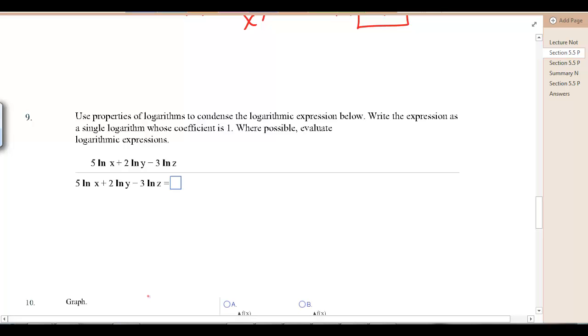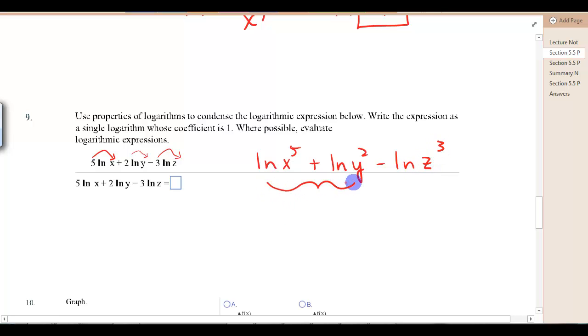All right, let's do the same thing here. We're going to condense this. Before we combine, let's do these powers. Let's take this 2 and put it on the power, and 3 there. So we would have 5 ln x. I'm sorry, I forgot that's going there. All right, so we've got ln x to the 5th plus ln y squared minus ln z cubed.